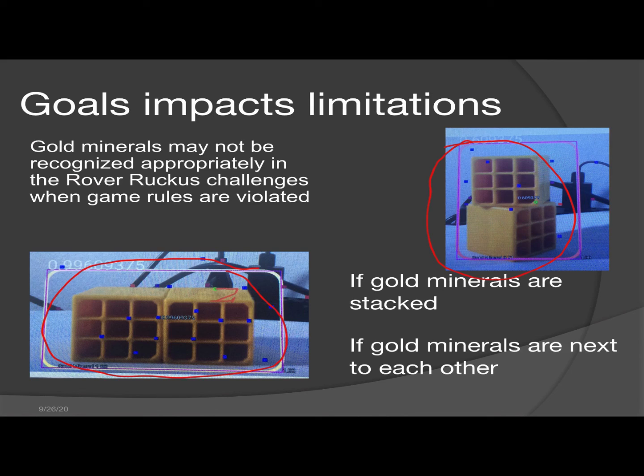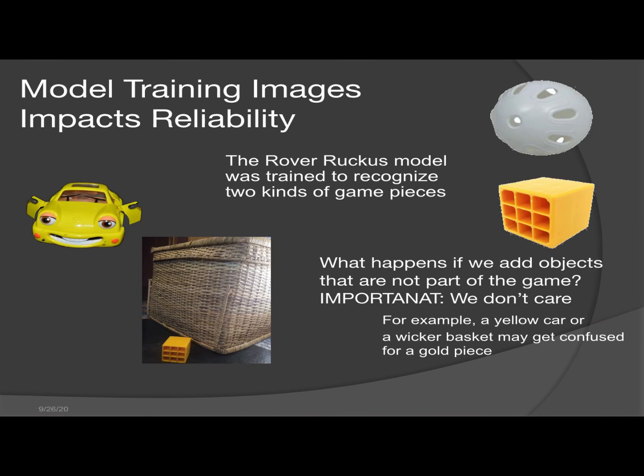So this is not a problem with the model, but a problem with when we're going through and testing to see how it works. And there's other kinds of situations that we could deal with too. What happens if there's a wicker basket in the field? Well, that's not going to happen. Or if there is a chevron car, well, that shouldn't happen either, and so we're really not worried about that.